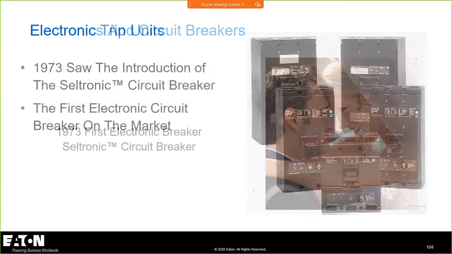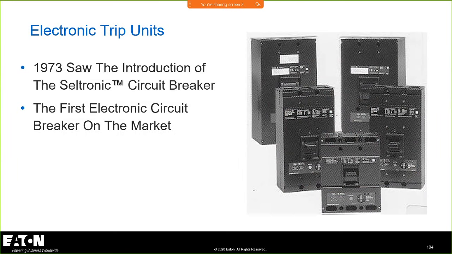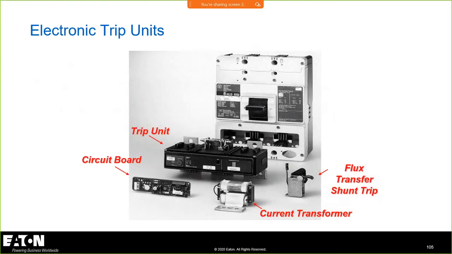When they took a brain and put it inside of these types of devices, which was the Celtronic circuit breaker back in the day, they were able to do things that circuit breakers were not able to do at all prior. They added current transformers inside those trip units. They had a little brain inside that trip unit. They had the flux transfer shunt trip. I mean, that sounds like something from Back to the Future.